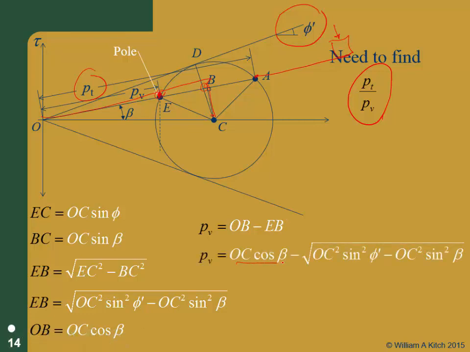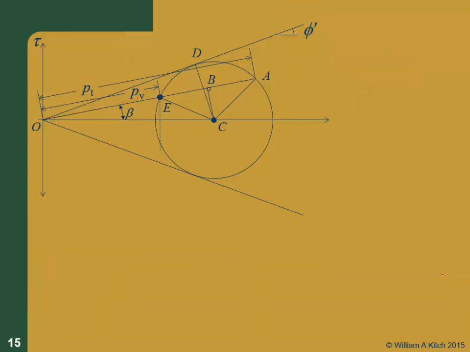So that's OC cosine beta minus the square root of OC squared sine squared phi minus OC squared sine squared beta. Sorry, going too fast. There it is. I ran out of room, so I have to rewrite it.